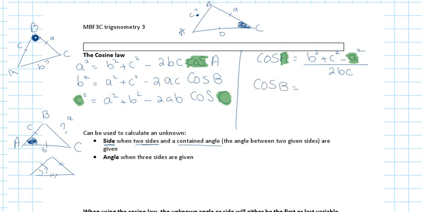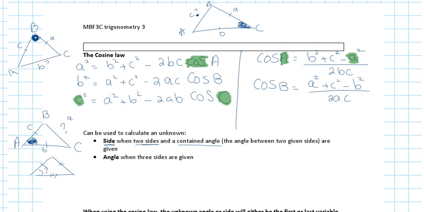So what would be for cosine B? It's A squared plus C squared minus B squared over 2AC. Subtracting, they're going to correspond.